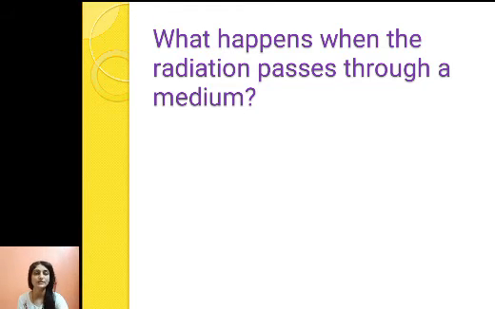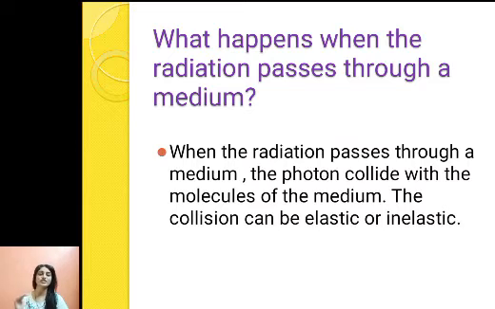Because we are dealing with quantum theory, radiation consists of photons, so the photon collides with the molecules of the medium, the sample. This collision between photon and molecule can be elastic or it can be inelastic.